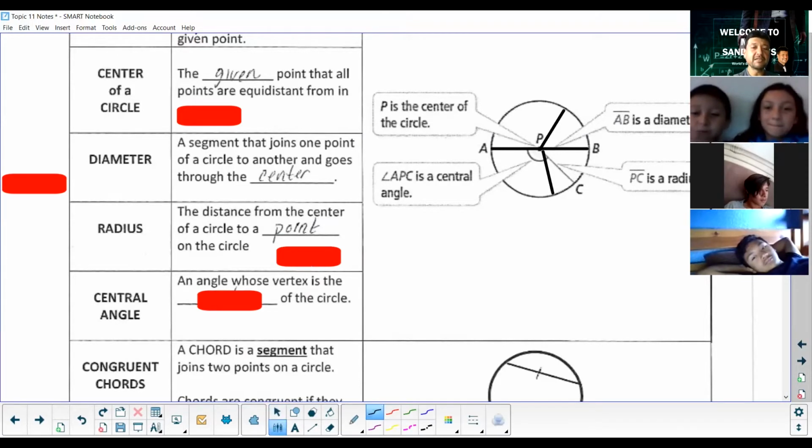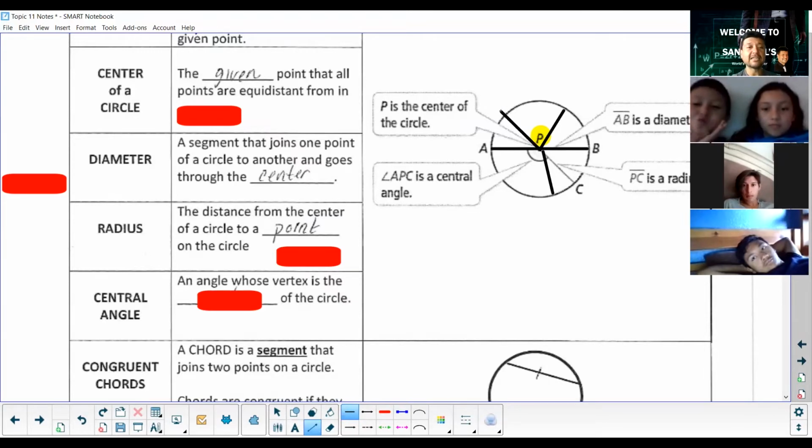Let me get the highlighter. You see that point P? You start from there, and that's how you go from that point to the circle. That's what a radius is. So let me go ahead and redraw it again. There you go. That's a radius. Imagine that line ends at the circle.